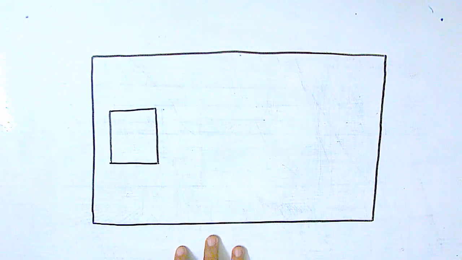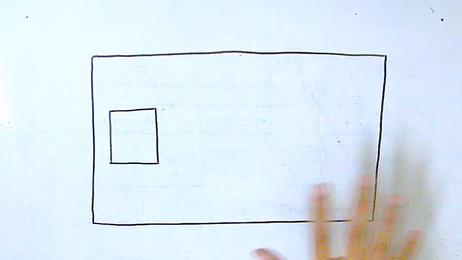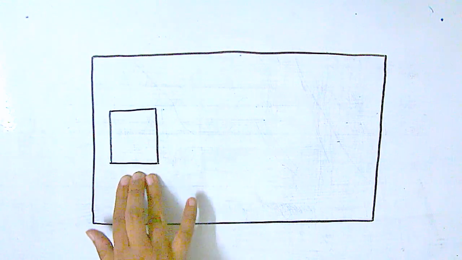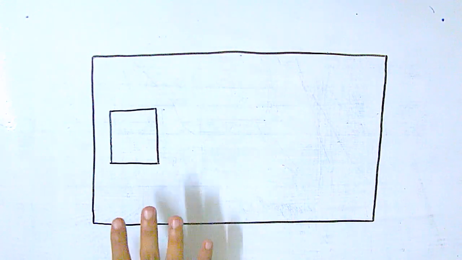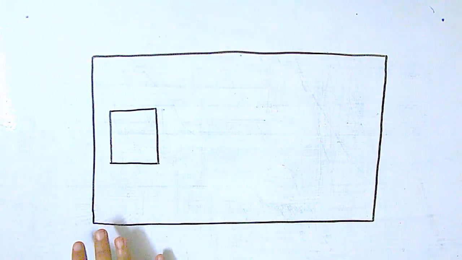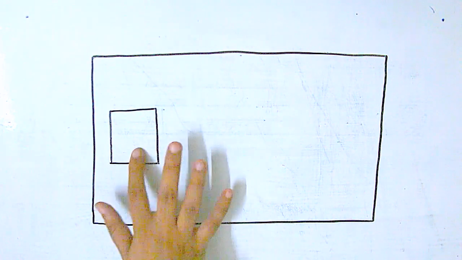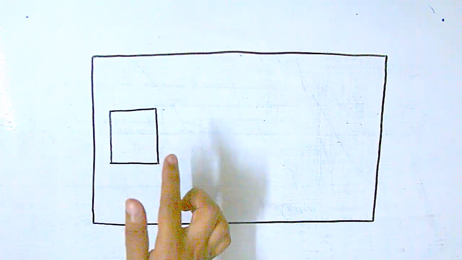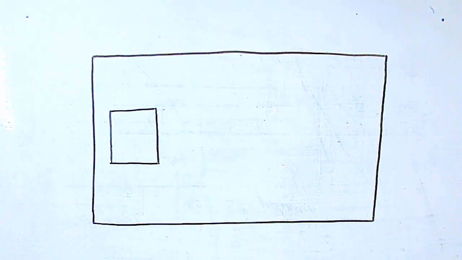And on my drawing board here, I drew a box once again. The smaller box represents the refrigerator, let's say, and this larger box represents the room. So, based on our discussions in the previous video, we know that if the contents inside this refrigerator are cold, it means that there is less heat inside the refrigerator.